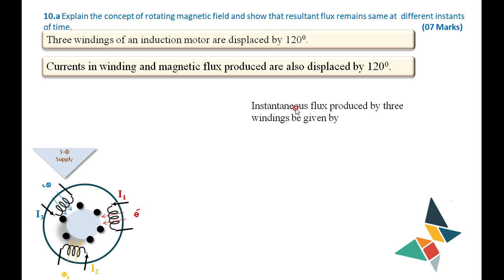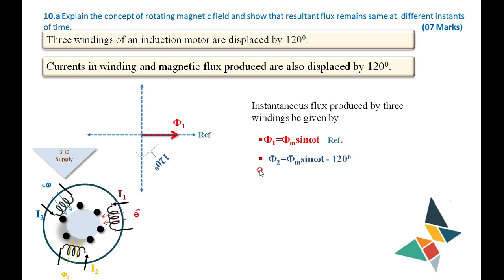Then the instantaneous fluxes produced by the three windings, phi1, phi2, phi3, are sinusoidal in nature. Therefore, flux phi1 is given by phi max sin omega t, which is taken as a reference. With respect to this, you have to draw the vector diagram; that is phi1 drawn. Then you draw the flux vector phi2, which lags phi1 by 120 degrees, that is phi m sin omega t minus 120.